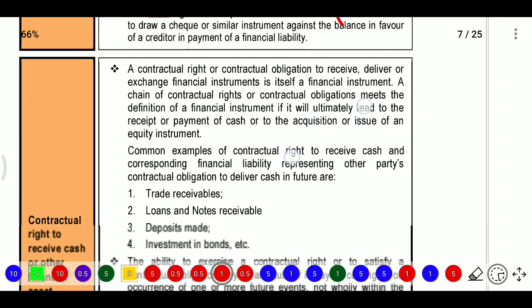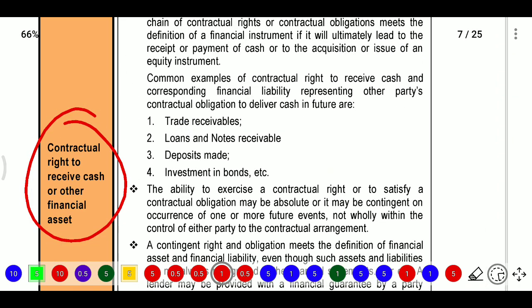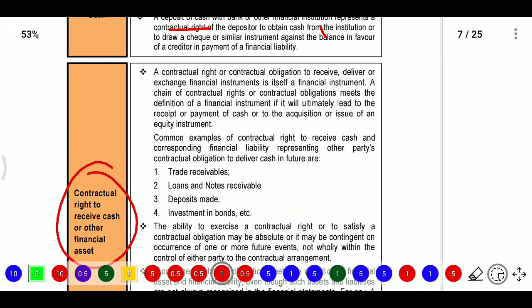And after that, the contractual right to receive cash or other financial assets. So if you sold something, some fixed assets or some goods, then you will have a receivable from that person. So that is also known as a contractual right to receive. When you have the right to receive cash, it will also become a financial asset.